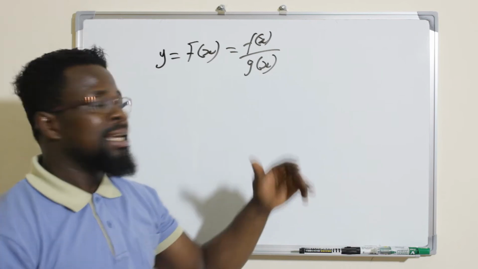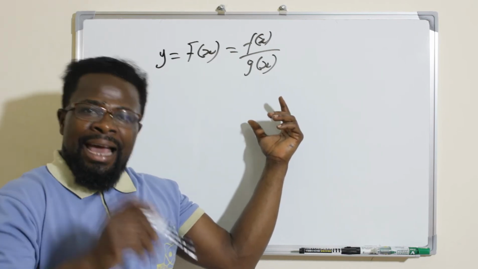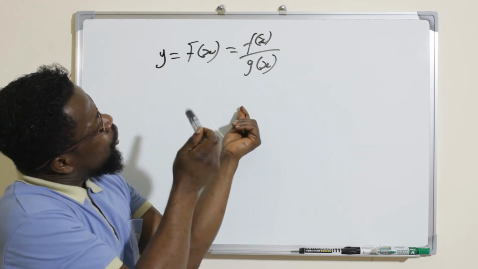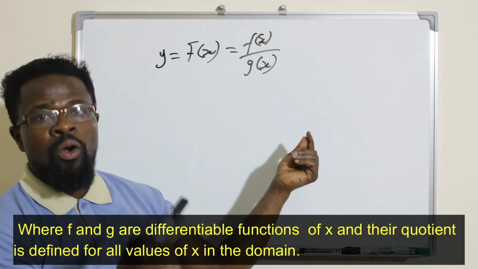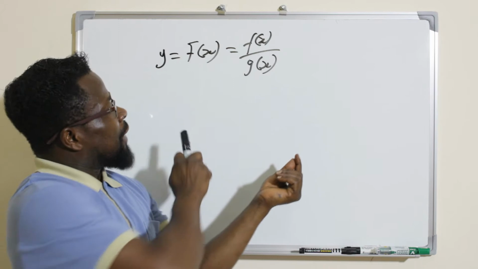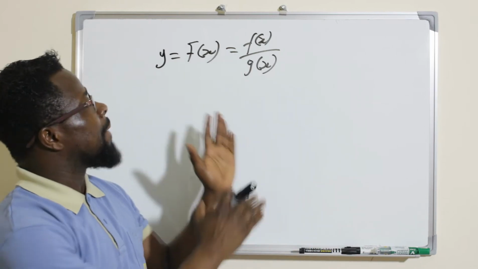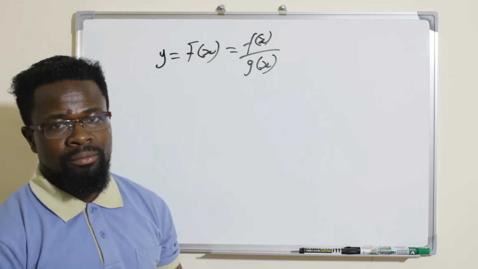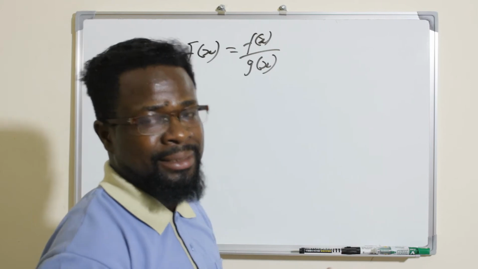That means f and g are differentiable at x, and the value of the quotient is defined throughout the domain at the value of x. Then we can apply the quotient rule here. So what then is the quotient rule itself?